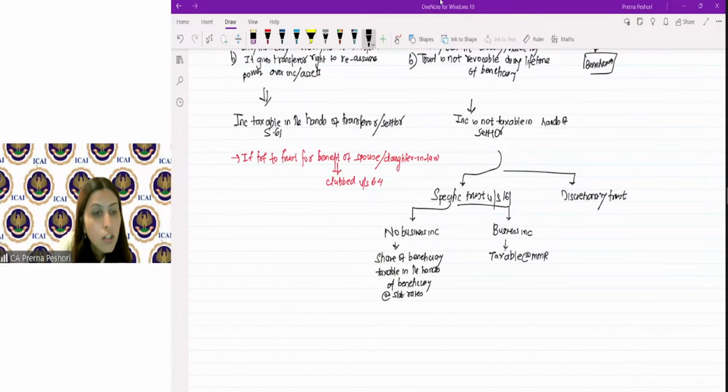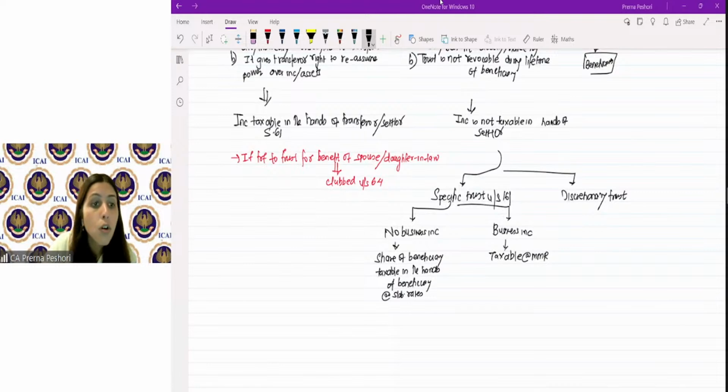Are we clear? So then the taxes will be collected from that particular person. Clear? So in respect of income which a trustee appointed under a trust receives or is entitled to receive on behalf of the beneficiaries, the trustee will be considered as the representative assessee.